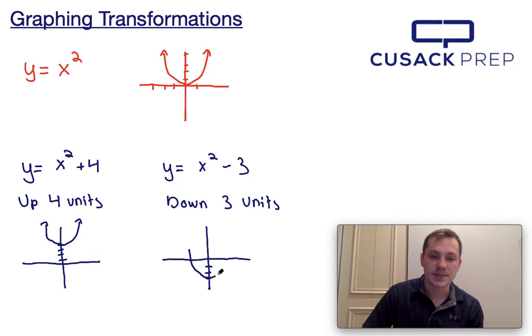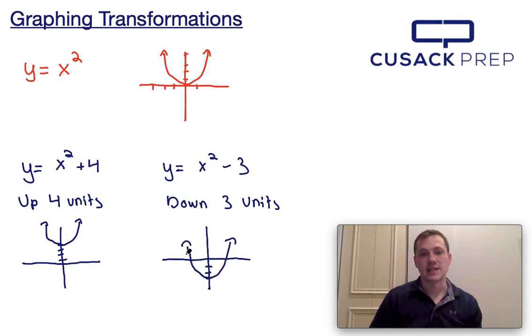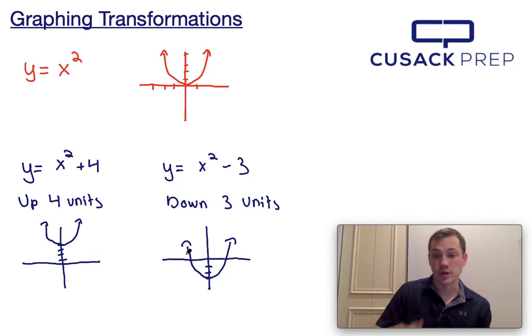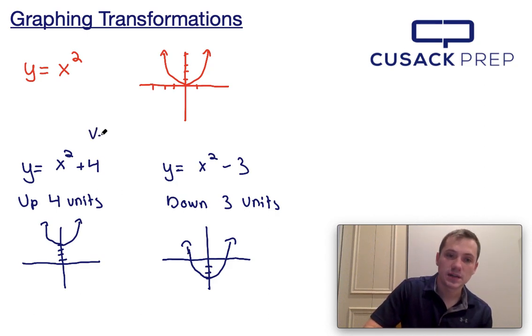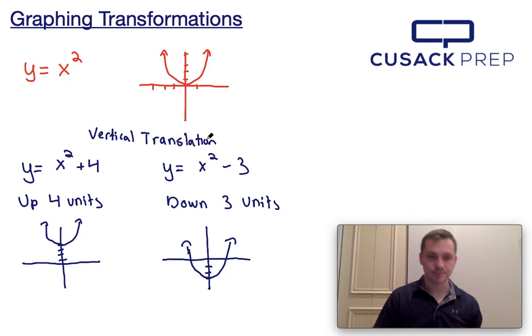So it keeps the same general shape, but it's been shifted up or shifted down. And that's what you call a vertical shift, or a vertical translation. It can go by a couple of different names. But essentially we're just moving the graph up or down.